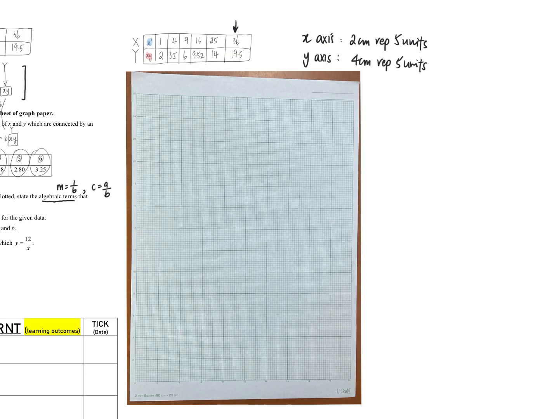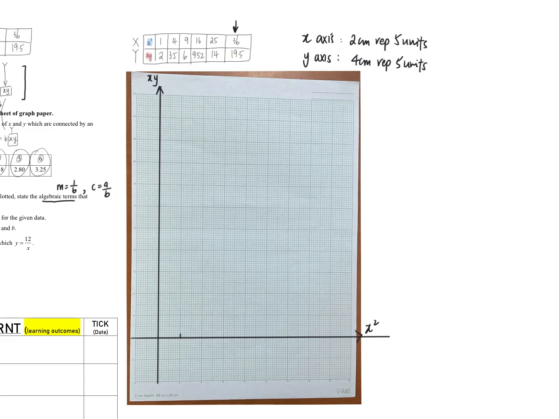Let's widen it. So first of all, I will draw my straight line, maybe somewhere here. So this one is my x-axis, which is your x squared. Then my y-axis, I will probably start here. So this is my xy.